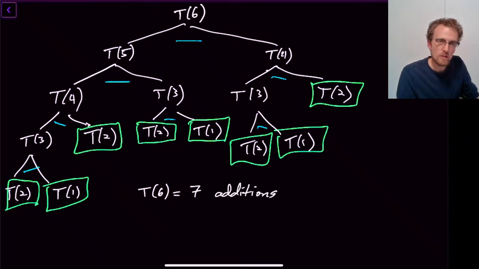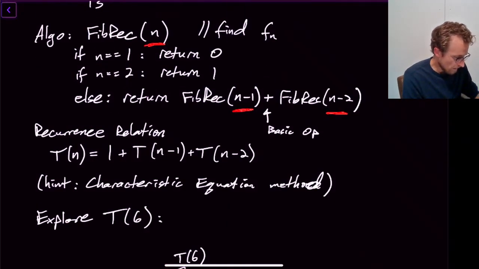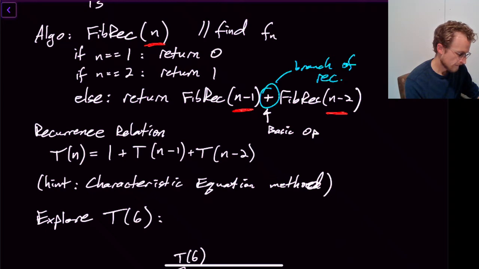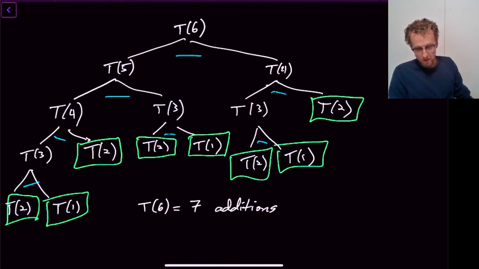Why does a branch give us an addition? Because a branch is literally this right here, right? This is a branch of the recursion tree. Okay, so we've got 7 additions.